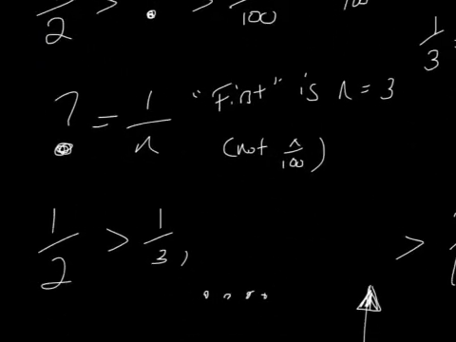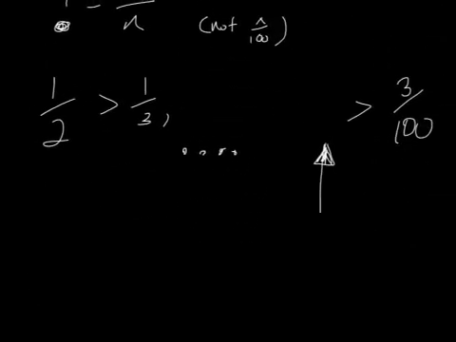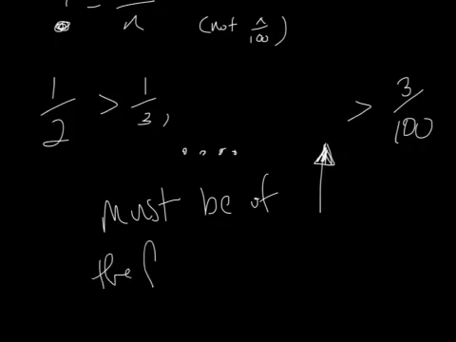So, all right. So we need this thing right here must be of the form 1 over n, right? So we just discussed not 4 over 100, which, as it turns out, is equal to 1 over 25.